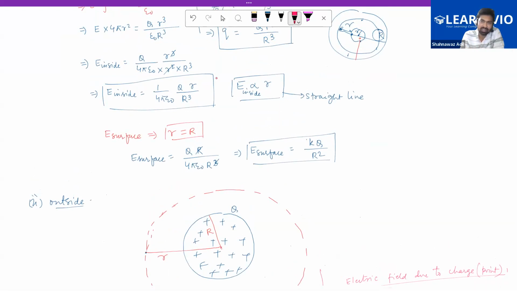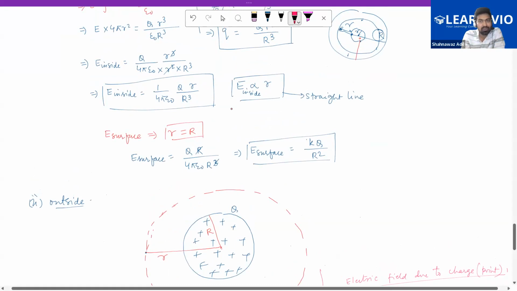Volume, yes, absolutely correct. So we have a volume charge density, which means we have rho.